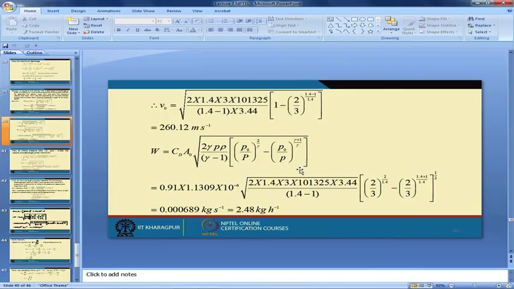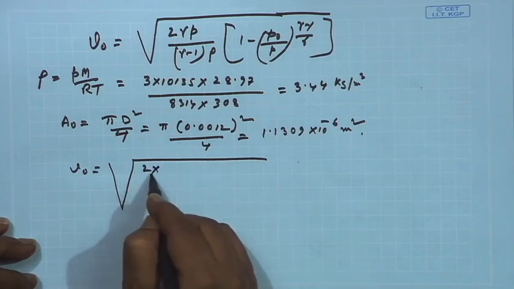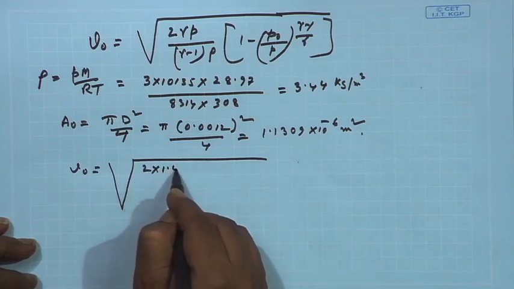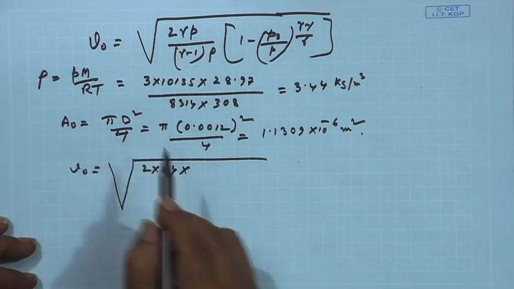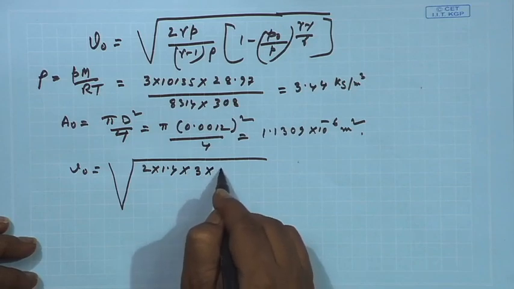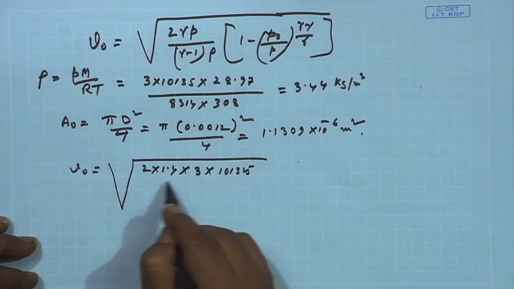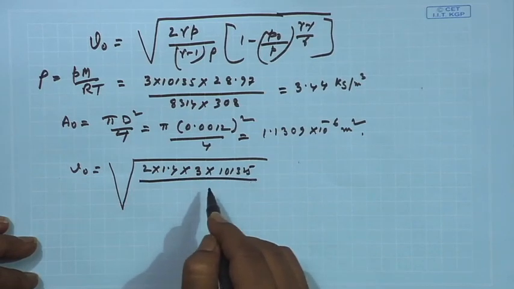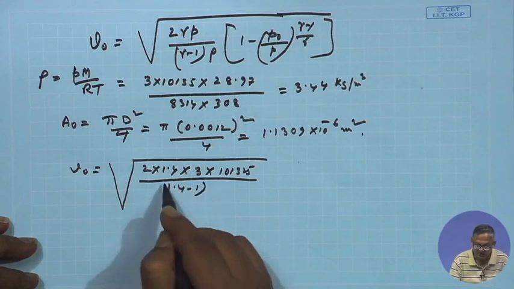Therefore, V0 we can write is equal to under root 2 into 1.4 into pressure, 3 into 101325 Pascal, gamma is 1.4 minus 1.